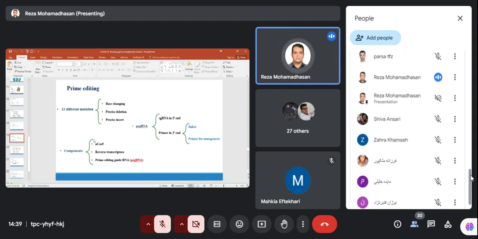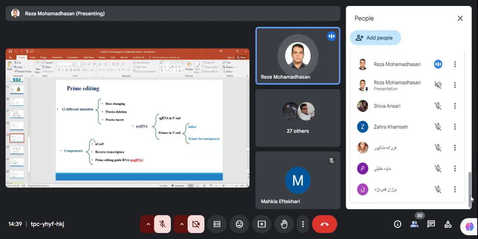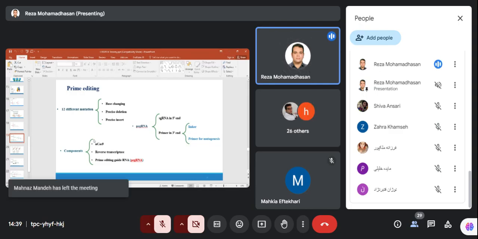The components of the system are nCas9, which is Nickase Cas9, and also a reverse transcriptase that we usually use in RT-PCR, and also a specific guide RNA, which is known as prime editing guide RNA, or pegRNA.